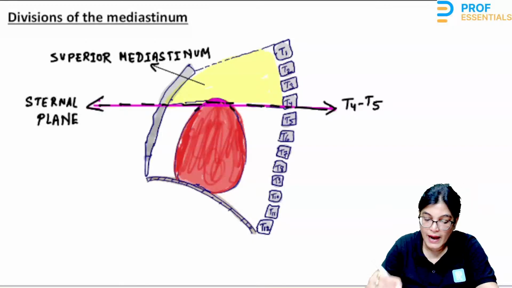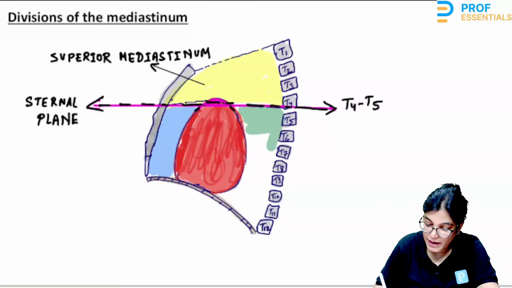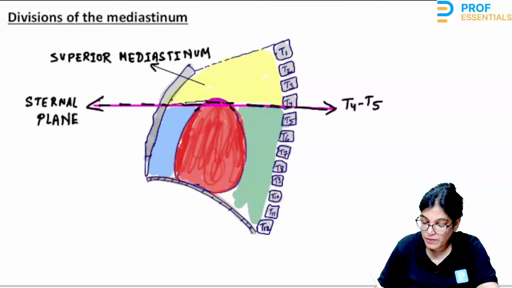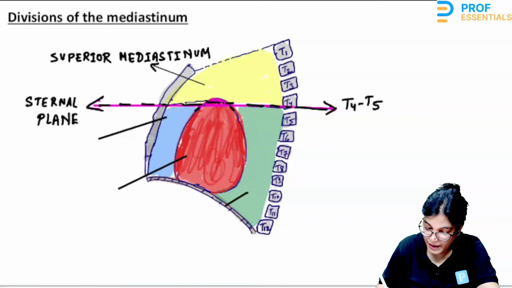Now, anterior to it, we will have the anterior mediastinum, and posterior to the heart and pericardium area and anterior to the thoracic vertebrae, below the sternal plane, is the posterior mediastinum, and in the middle we have the middle mediastinum.